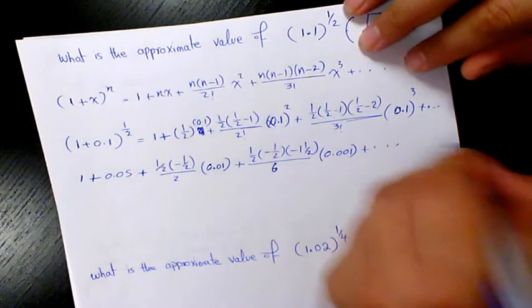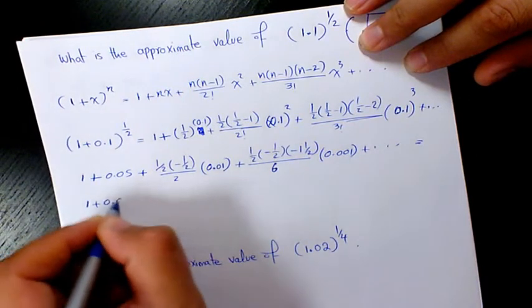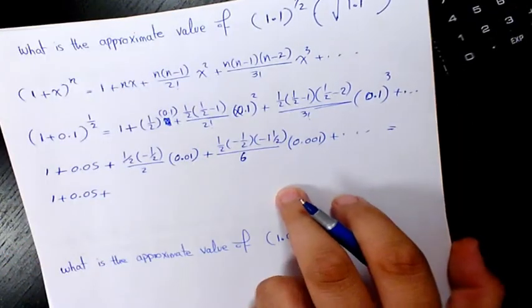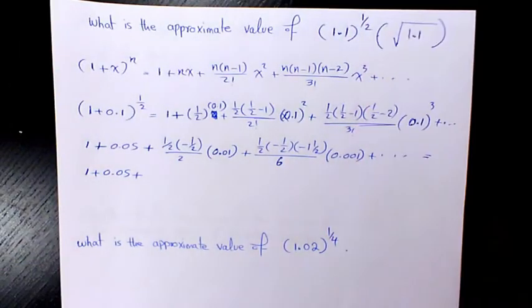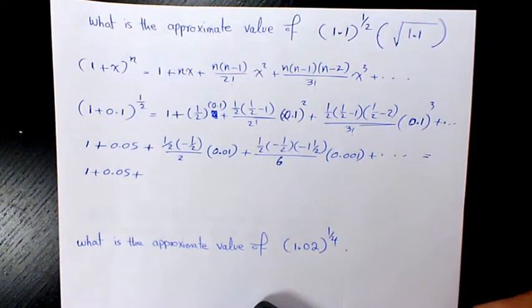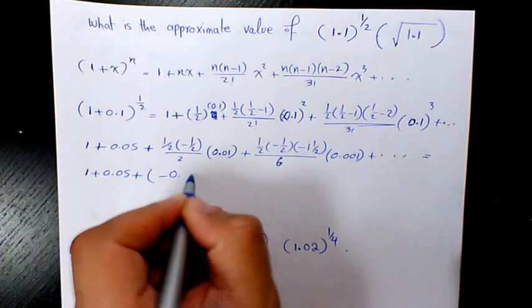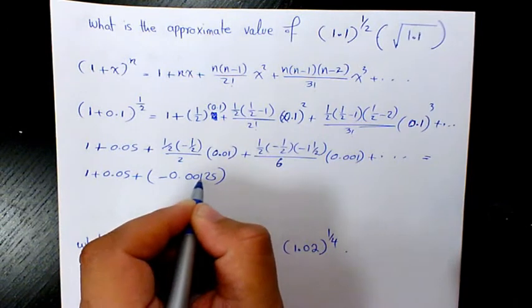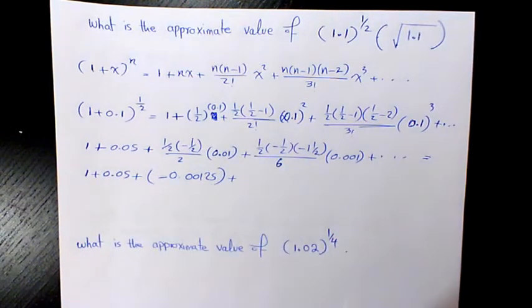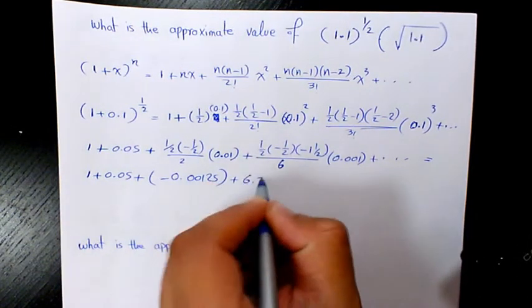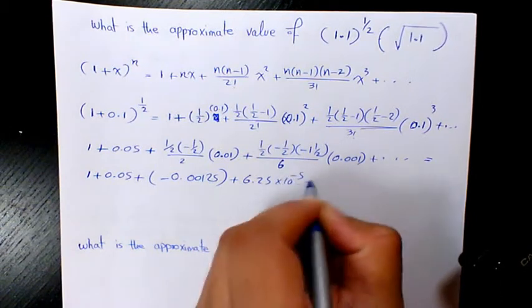So that's going to be equal to 1 plus 0.05, and here we have negative 0.00125, plus 6.25 times 10 to the power of negative 5, plus all other terms.